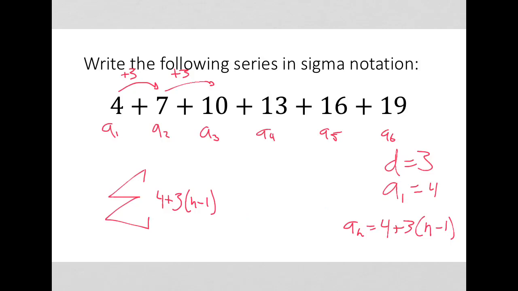And now we need to essentially tell the sigma what parameters we want. And we want n to start at our first term, 1, and run up to our sixth term, 6. So that is all you have to do to write a series in sigma notation. Again, we're going from the first term to the sixth term, and we are just summing up our explicit formula.